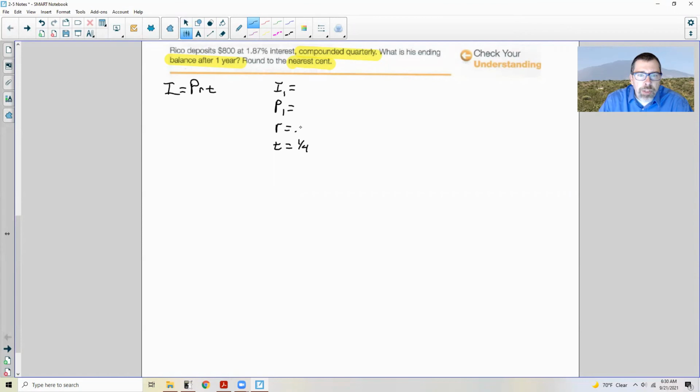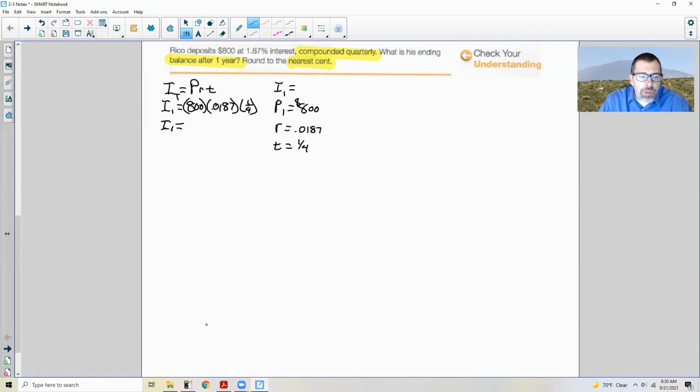The rate is 0.0187, and the principal is $800, initial principal. So I sub 1 equals 800 times 0.0187 times a quarter, or divided by 4, either way you look at it.